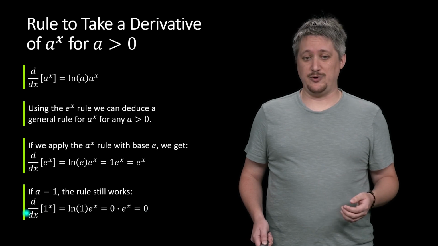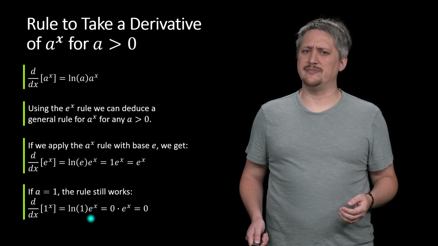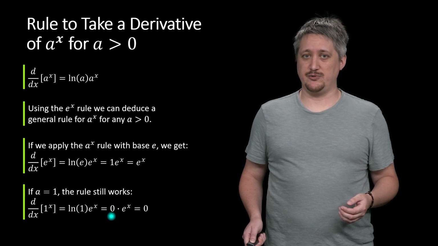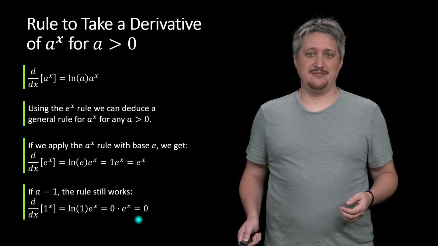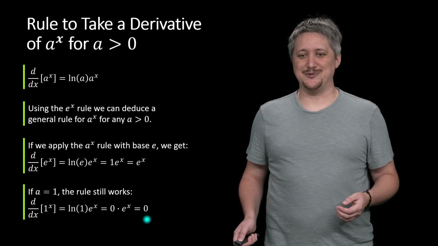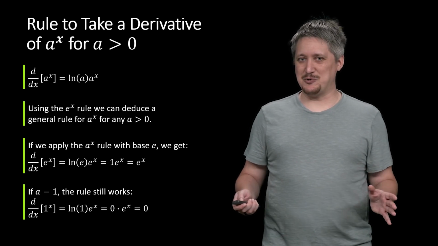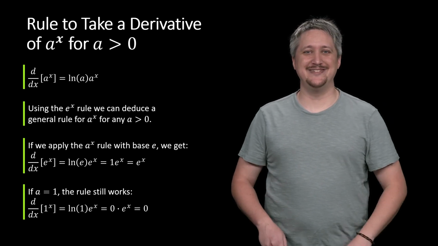But nonetheless, if we go through the formula, we're going to have natural log of that base times whatever the original was. I guess that should be a 1, sorry. But natural log of 1 is still 0, right? So I get 0 times whatever it is, which doesn't matter because the 0 annihilates it. Literally call it the annihilator in mathematics. So 0 annihilates it, we get 0 just like we should. So if this is a question you have or comes up for whatever reason, yes, it works for 1 as well.